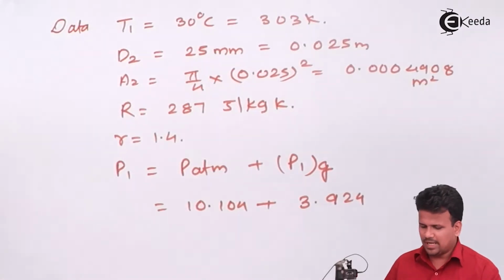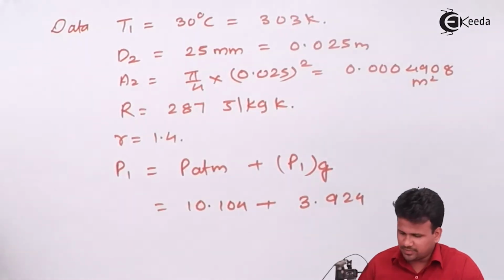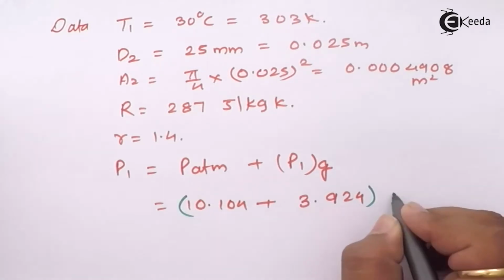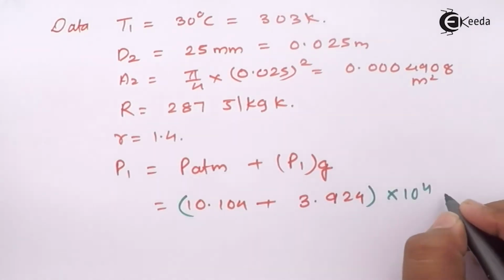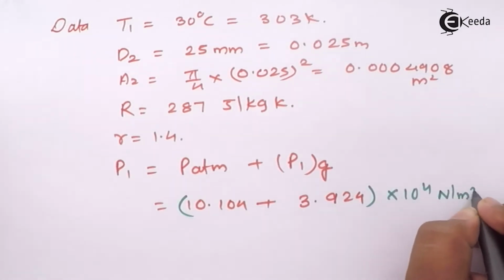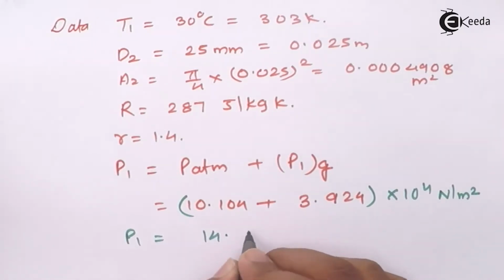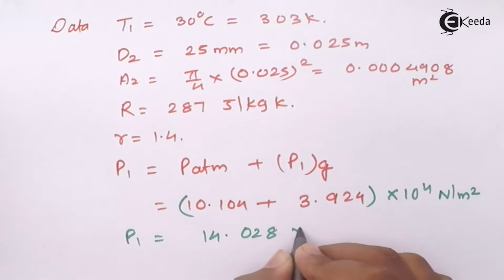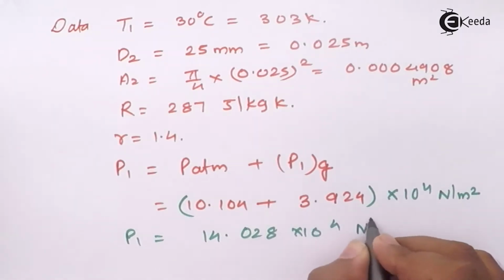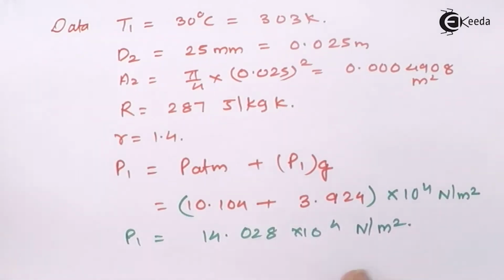Both of them are in Newton per centimeter square, so we multiply by 10 raised to 4 to convert this into Newton per meter square. So P1 comes out to be 14.028 into 10 to power 4 Newton per meter square. So we have calculated the value of P1.